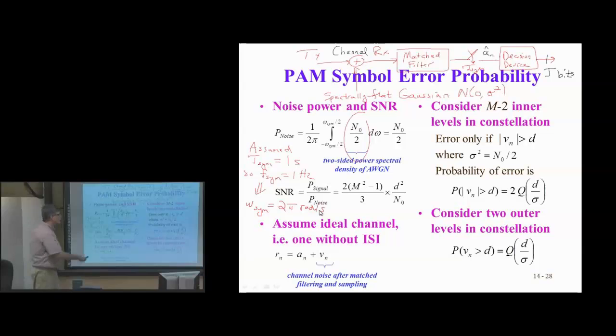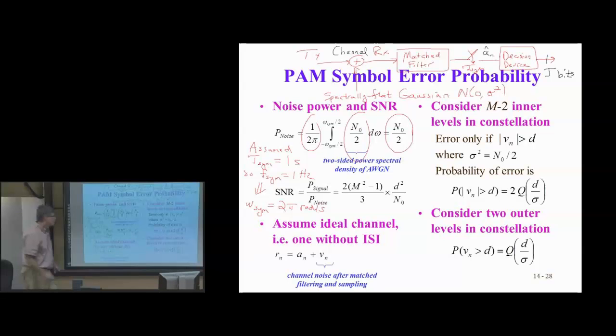So if I look at this, I integrate, I'm only passing the frequencies from minus half the symbol rate to half the symbol rate. So I'm passing from minus pi to pi in radians per second. So I multiply by 2 pi times this constant, and then I divide by 2 pi. So I'm left really with just the variance getting through. Okay, so the power, I just pick off the low frequency part.